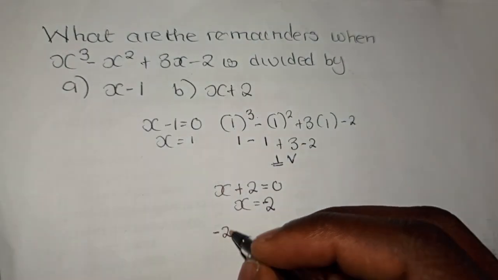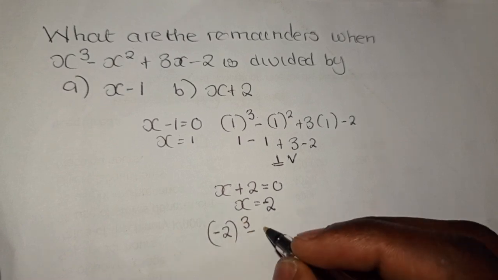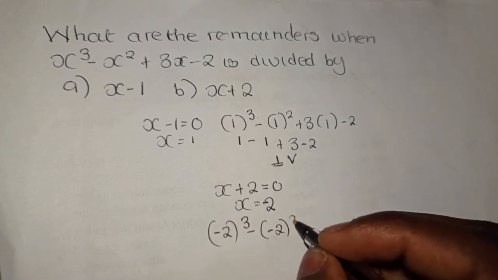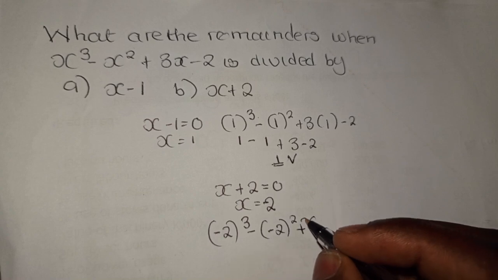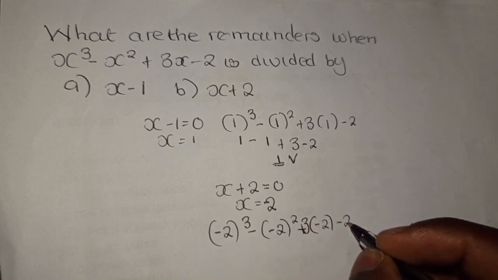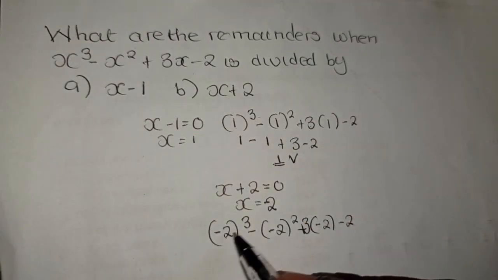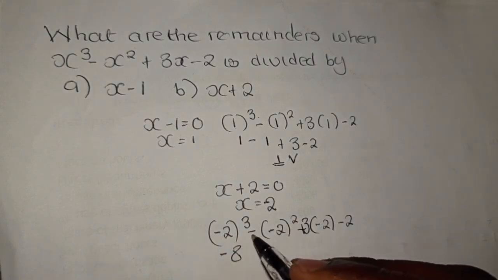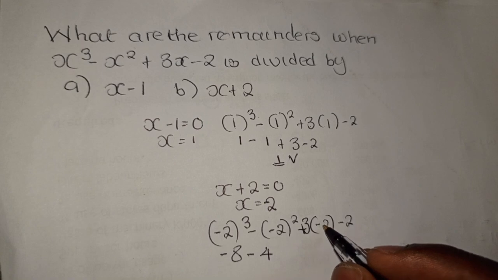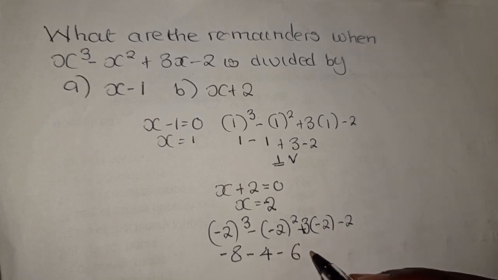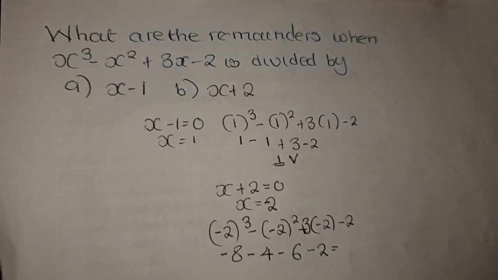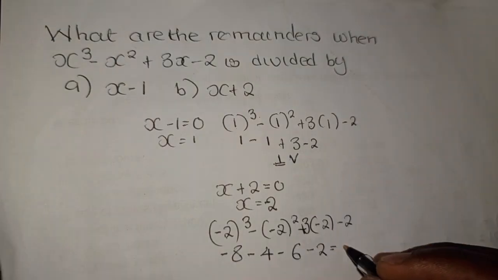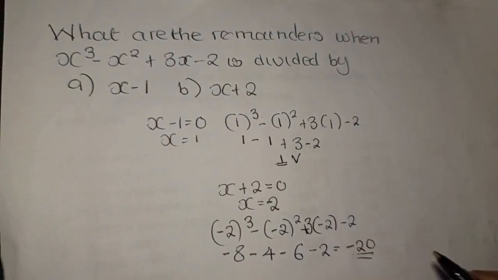Then you replace negative 2 in there, so you have negative 2 to the power 3 minus negative 2 squared plus 3 times negative 2 minus 2. We know for sure that negative 2 to the power 3 is negative 8, and negative 2 squared is positive 4 times the negative is negative 4. Negative 2 times 3 is basically negative 6, minus 2. Where you know for sure that negative 8 minus 4 minus 6 and minus 2 is basically negative 20.